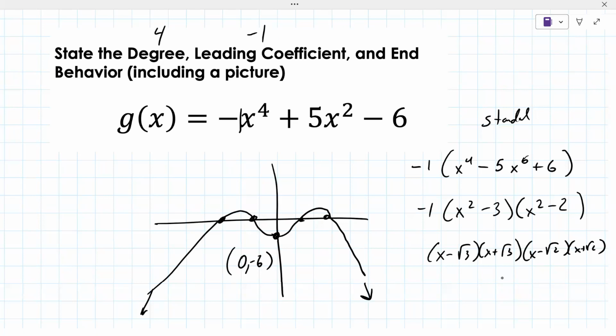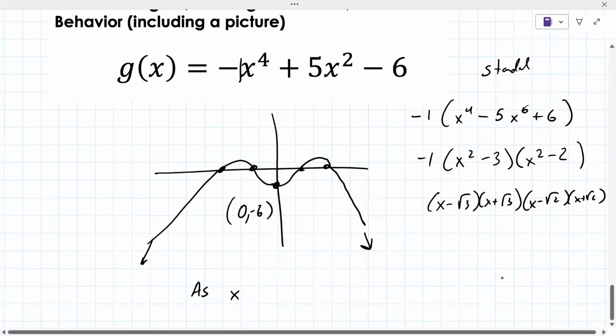And then you can do the end behavior. The end behavior would be as x goes to positive infinity, f of x would be negative infinity.